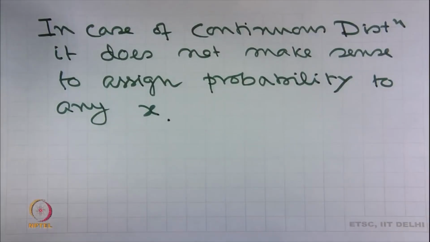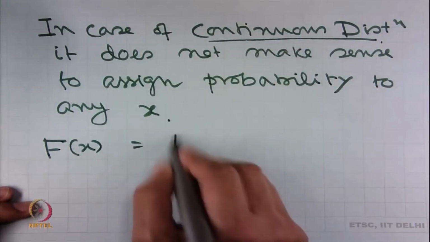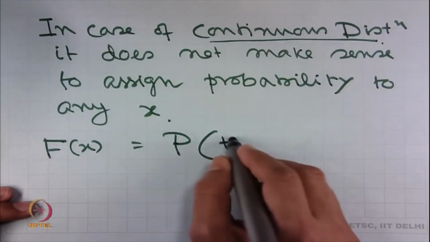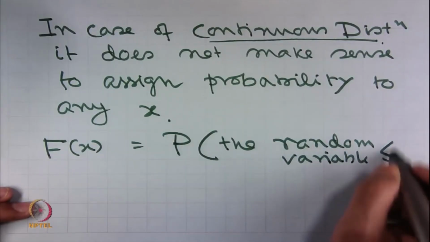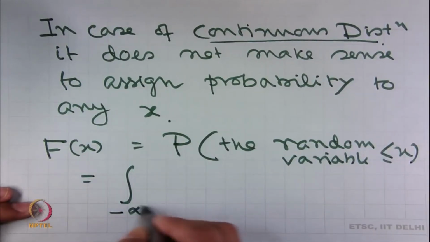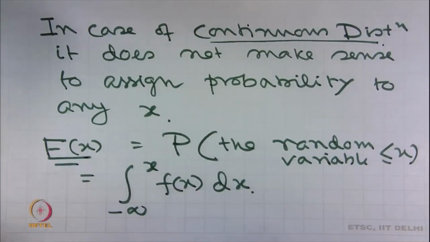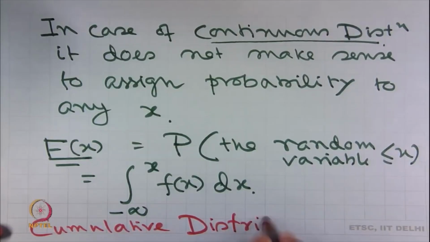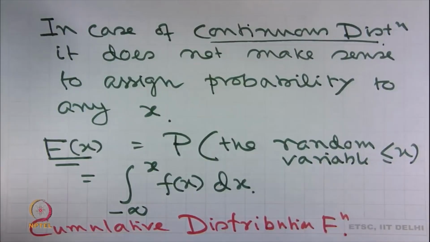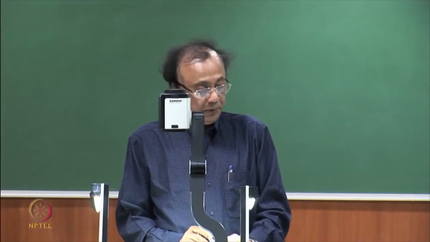In fact, when we talk about a continuous random variable or a continuous distribution, we look at F(x), which is equal to the probability that the random variable is less than or equal to x, obtained by integrating the probability density function from minus infinity to x, and this is called the cumulative distribution function. So, this is the cumulative distribution function, and this makes sense. This gives you the probability that the random variable is taking a value less than or equal to x.